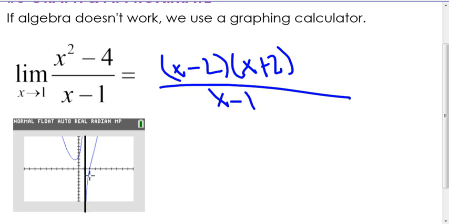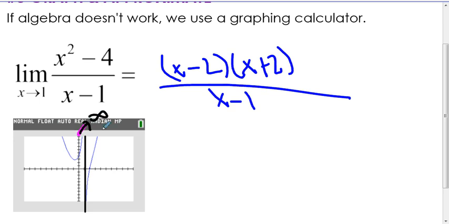So if we look to find a value for where this limit is approaching, if we look at the left side, there's nothing there. It's approaching positive infinity, right? And if we look at the right side of this, it's approaching negative infinity. And we're about to talk about what that means in our next video. But if these limits are not approaching the same thing, then the limit does not exist, right?